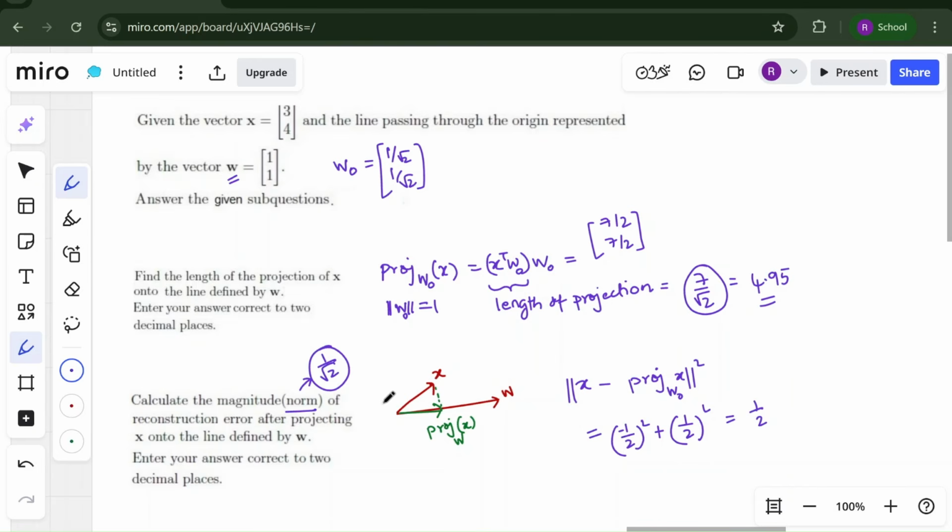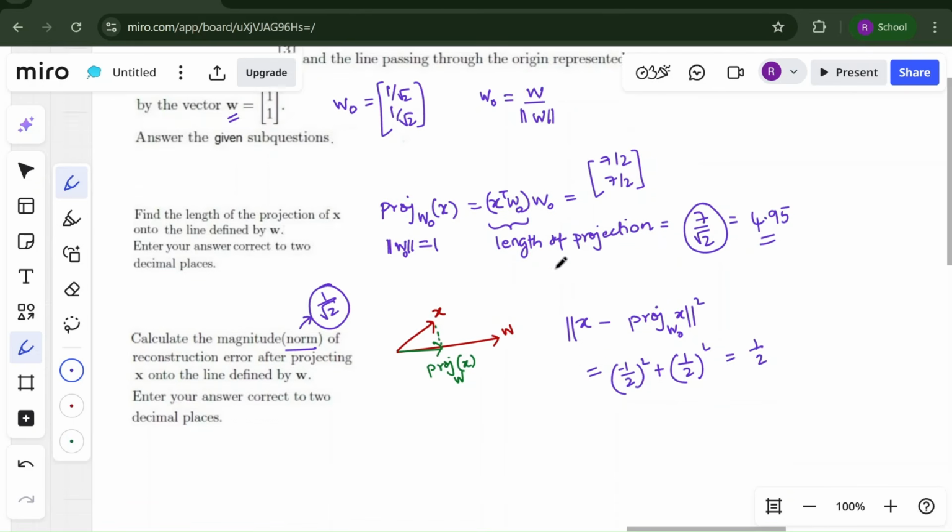I normalized it, so w naught is equal to w by norm of w, so that it becomes a unit vector.